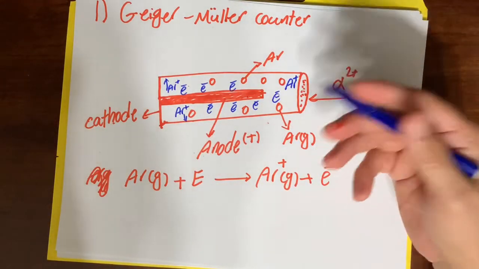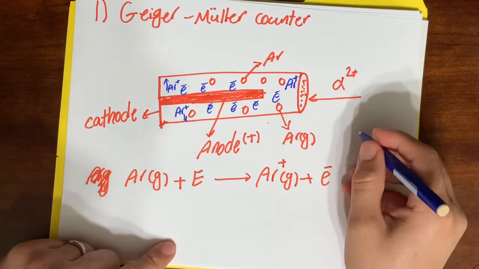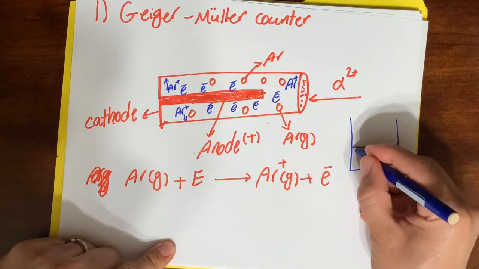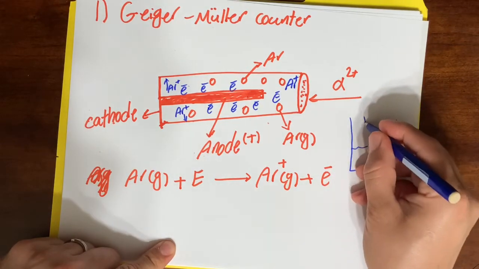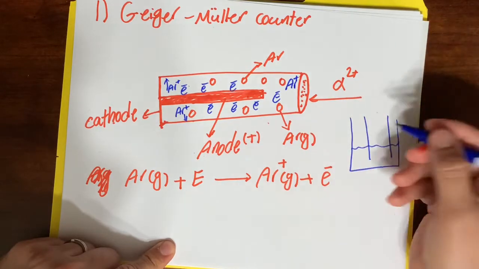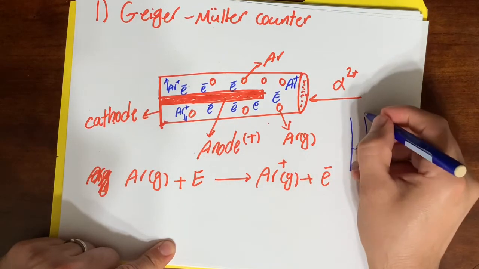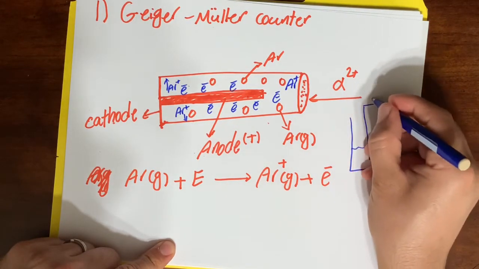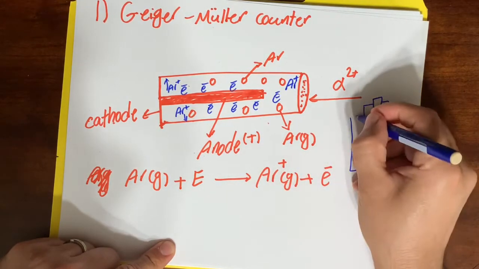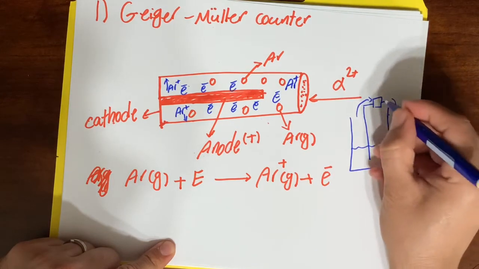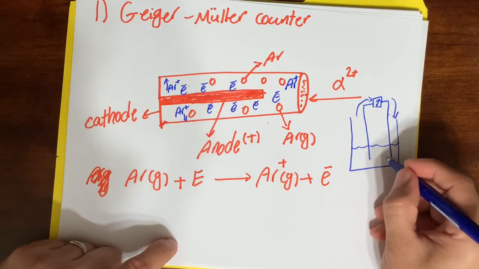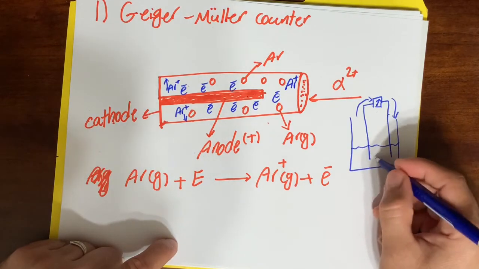So now you can assume you have a beaker, and inside that beaker you have a solution. You dip two electrodes in it, and let's say you connect them to each other. If you want to have conductivity, you need to have some ions here to transfer the electrons.